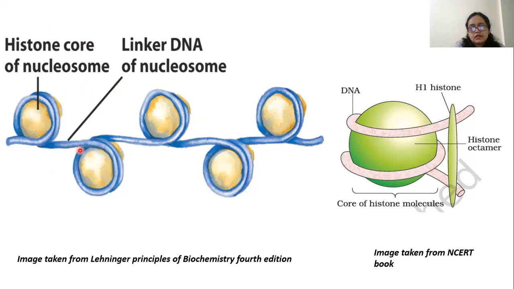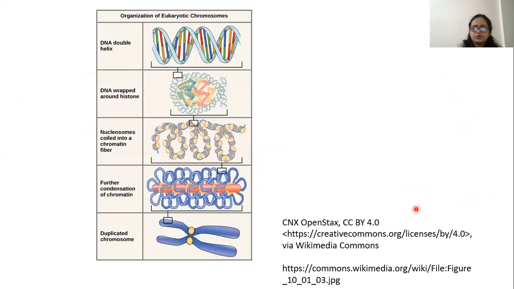There are generally 5 different types: H1, H2A, H2B, H3 and H4. So we will discuss it. This H1 histone is found in the linker region. This loop you can see here, in this linking region, this H1 histone is found. While H2A, H2B, H3 and H4 are found in this core region or octamer region, the core of the histone molecule.